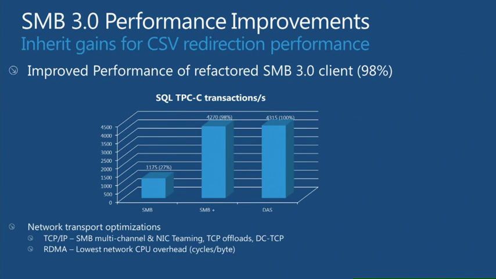What we've noticed in 2012, with all the improvements, is SMB operating at 98% of DAS. So CSV redirected I/O mode running on SMB is less of a fear factor now.